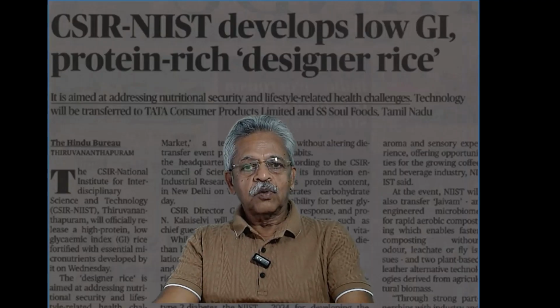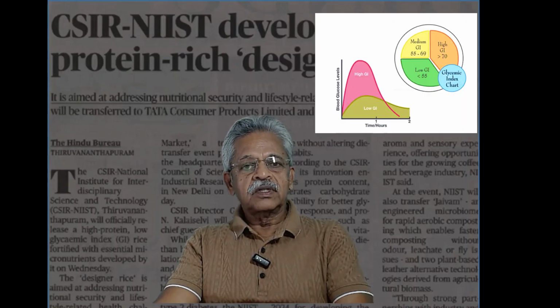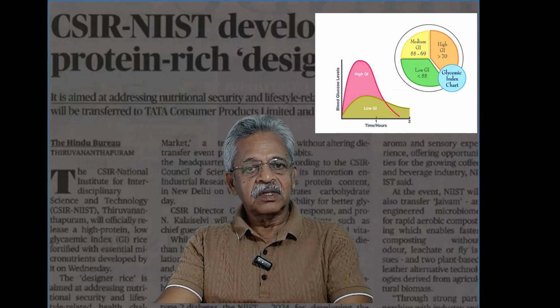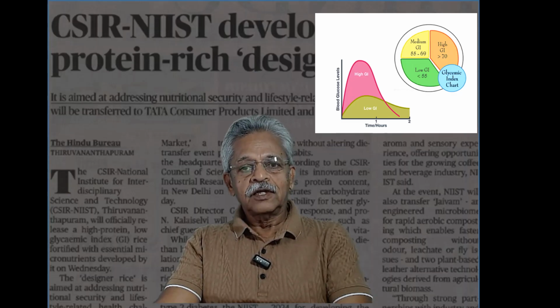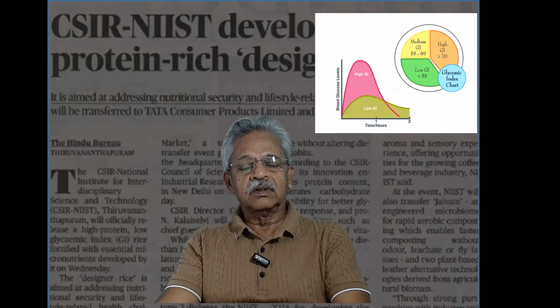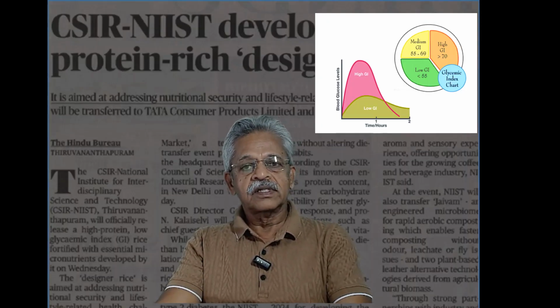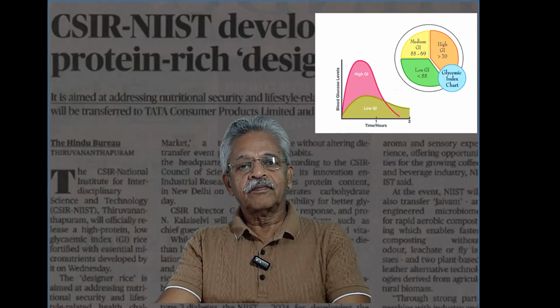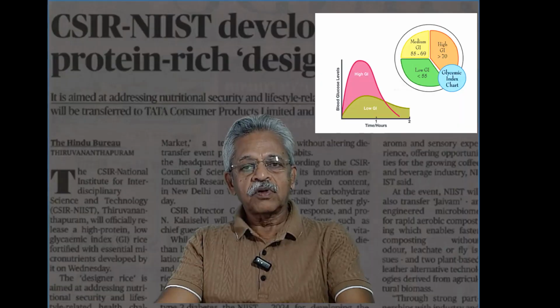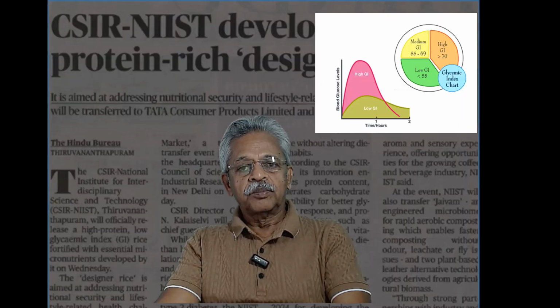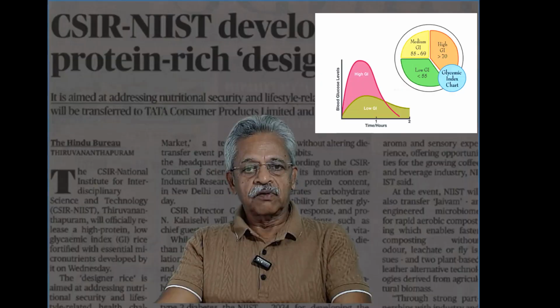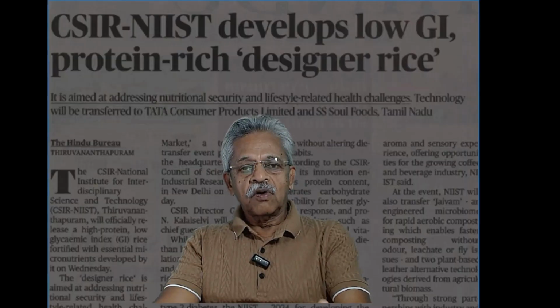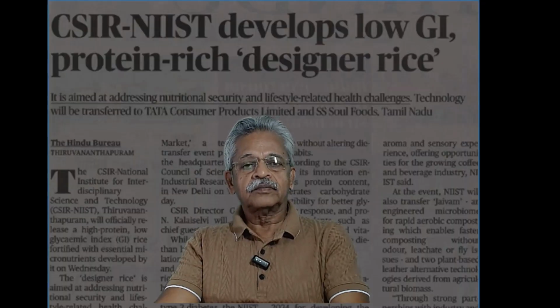So what I want to tell is, the rice which we are taking, white rice, the glycemic index is 70. If we do something to reduce the glycemic index of our white rice, then the glucose spike can be prevented. This is one important approach. People have tried this in this rice. So you are altering the composition of the rice.